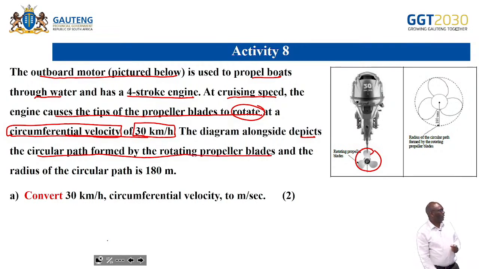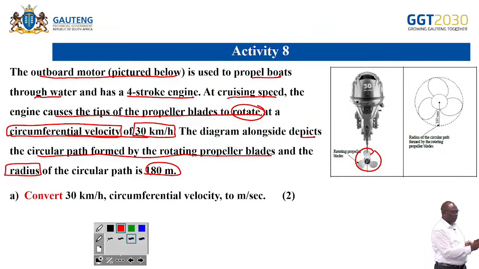See? And the radius, very important, of the circular path is 180 meters. So if it's 180 meters, which is the radius, and I've got a circumferential velocity, so here it is.